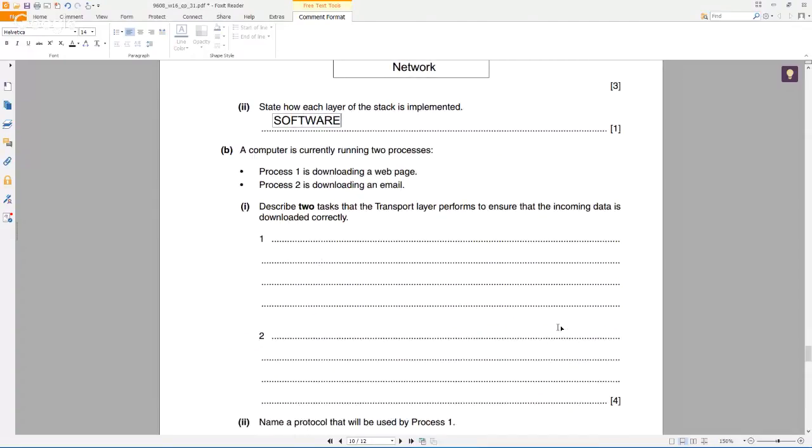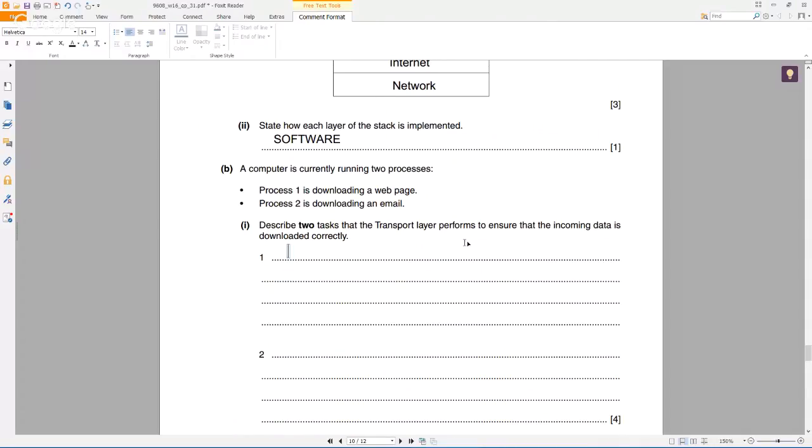So the next step, you need to describe two tasks that the transport layer performs. The question is specifically asking what the transport layer needs to perform to ensure that the data is downloaded correctly. So let's focus on the part of the transport layer that does some sort of integrity check. One of the things is the checksum. Calculate the checksum of the packet. Every time a packet is sent, there's also a checksum being sent.